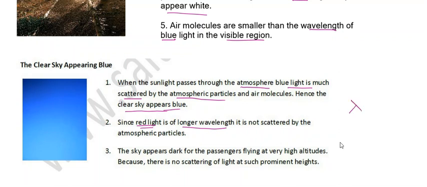Lambda. The red light has a longer wavelength than that of blue light, so it is not scattered by the atmospheric particles. So the sky appears dark to passengers flying at very high altitude. Why? Because there is no scattering of light at such a height.